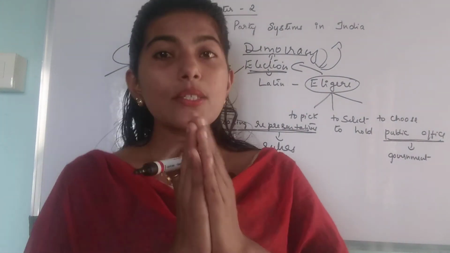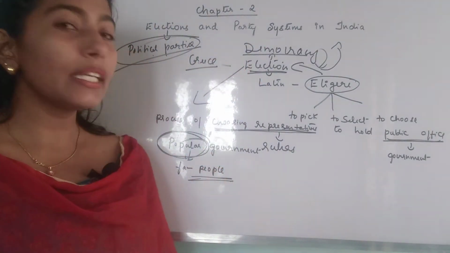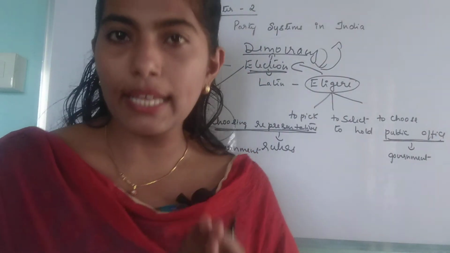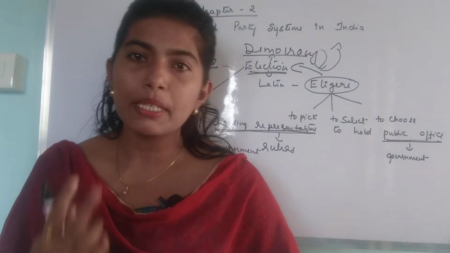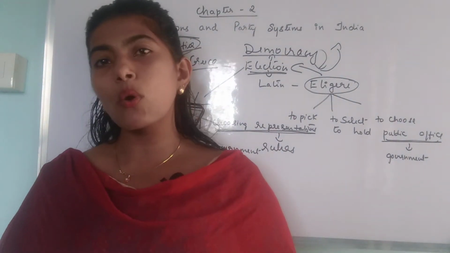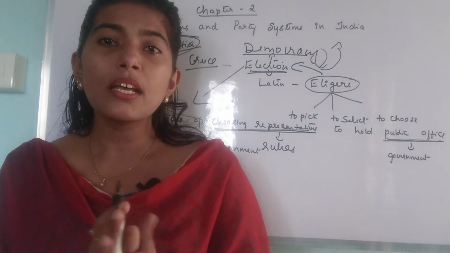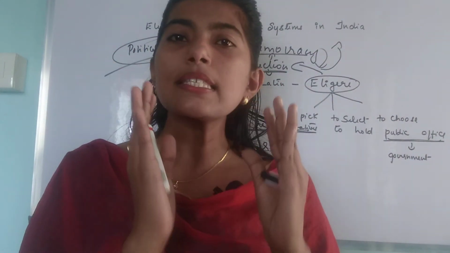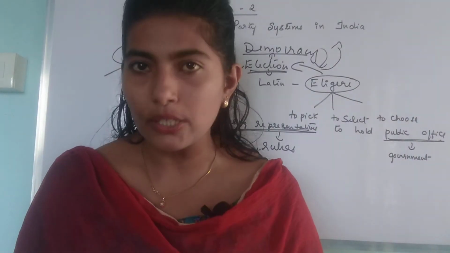Right? So next, after this meaning, moving to the various kinds of election. This is the meaning where we say that for the first time it started in Greece. It is a process where people themselves go and select their representatives. So next we discuss various kinds or types of elections.